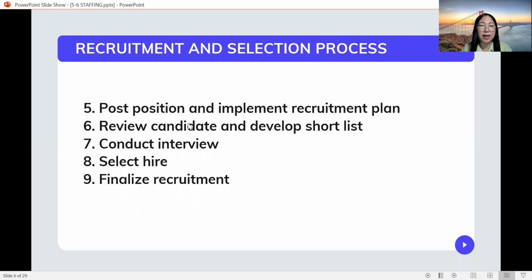Next, we have the post position and implement recruitment plan. So under pa rin to ng ating selection process, which ito naman is once the position description has been completed and posted, so all of the positions open can be displayed anywhere in any platform.